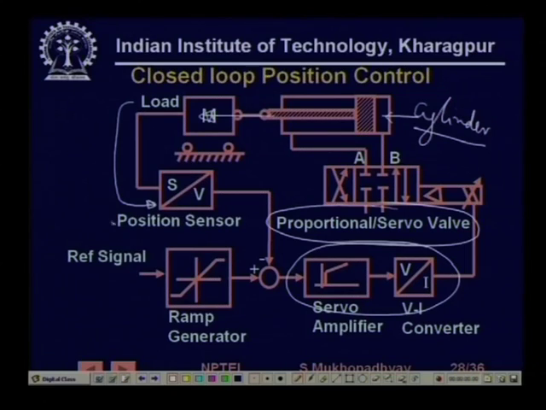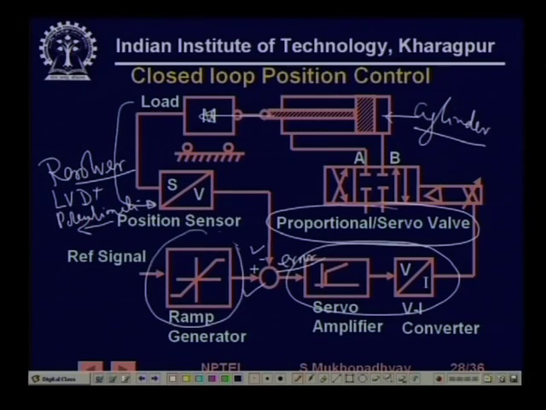This is typically an LVDT, sometimes a potentiometer, or could be a resolver if it is rotary. These two are compared and the error is fed. So, it is a standard position loop.